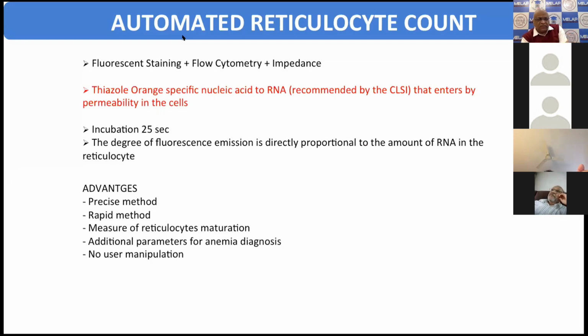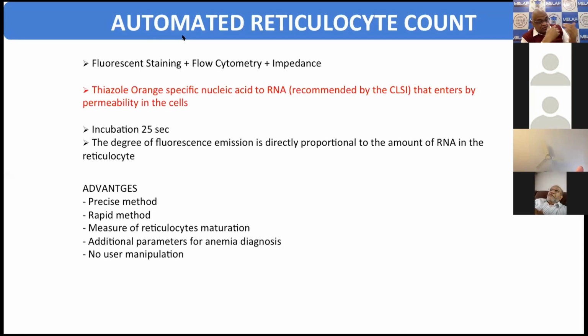Here again, we are using thiazole orange, which binds to nucleic acid. Incubation time is very short, and the degree of fluorescence emission is directly proportional to the amount of RNA in the reticulocyte. That means if you are getting high fluorescence, these are early type of reticulocytes. If you are getting low fluorescence, these are late type of reticulocytes. This is a precise, rapid method.